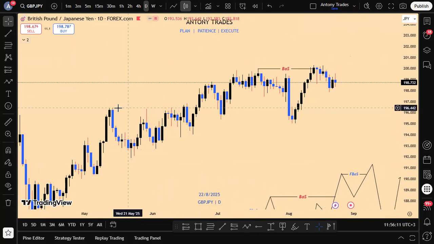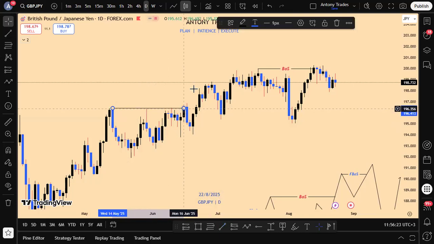What about this? You can see here the market went ahead and broke structure at this area. Let me mark it, you can see very clearly the market broke structure at this area. After that break of structure, this is the first pullback that you can see after the break of structure.